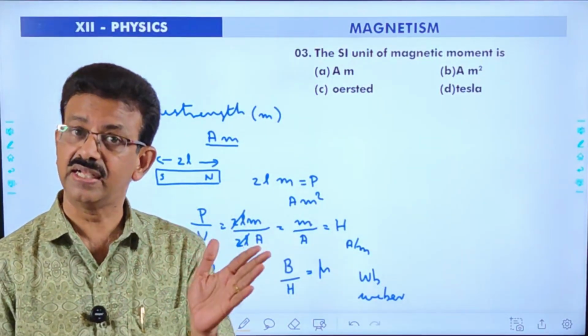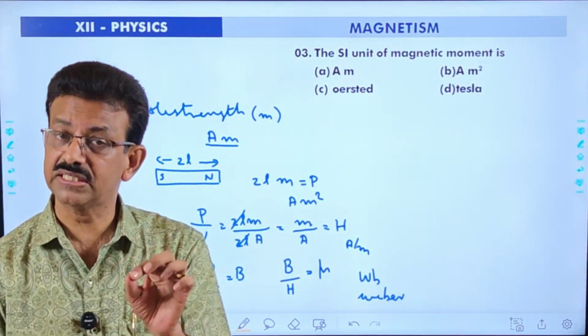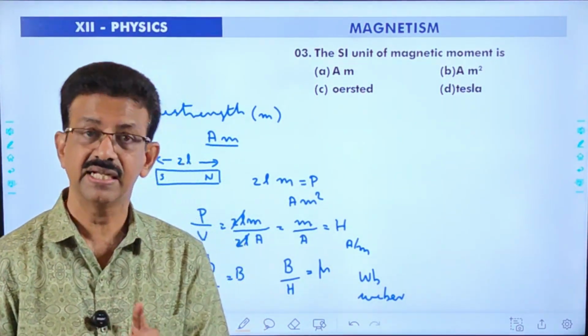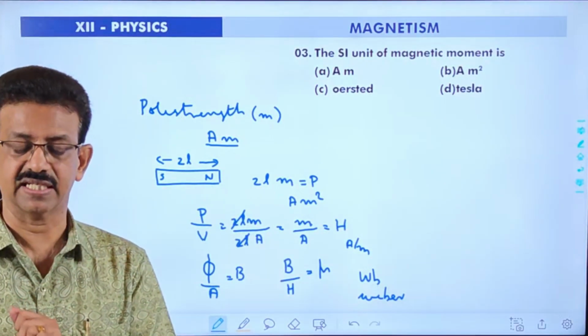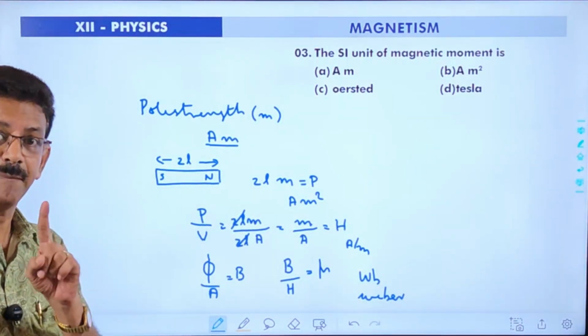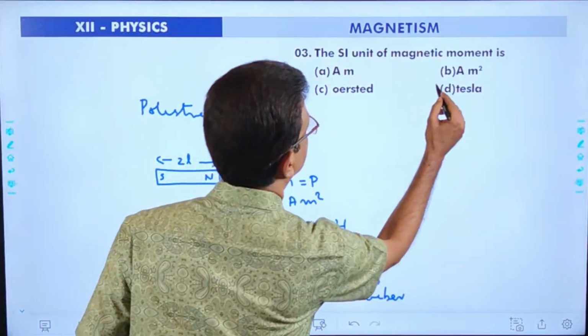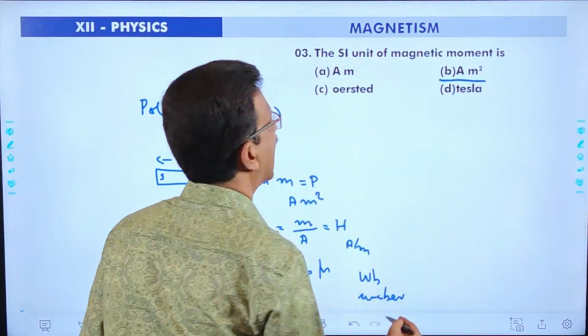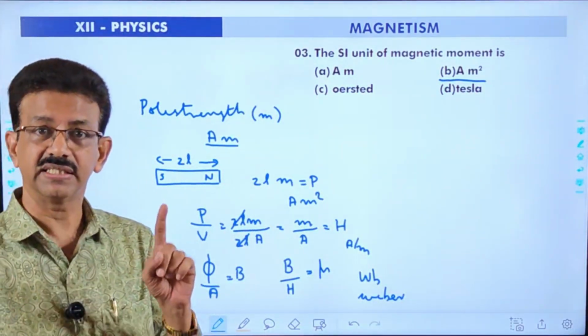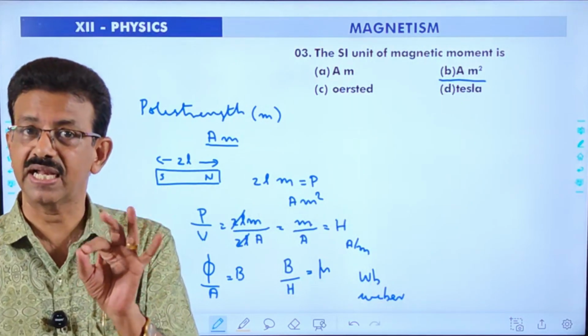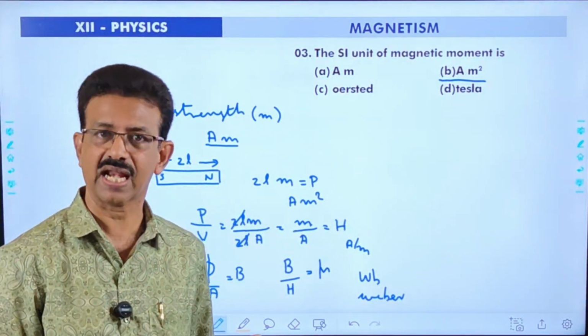Then Tesla is the unit of magnetic flux density or magnetic induction. Therefore, the correct answer is B, ampere meter square, the SI unit of magnetic moment.